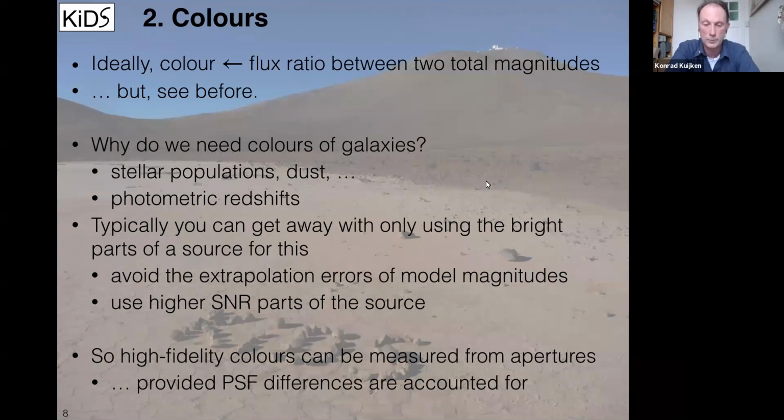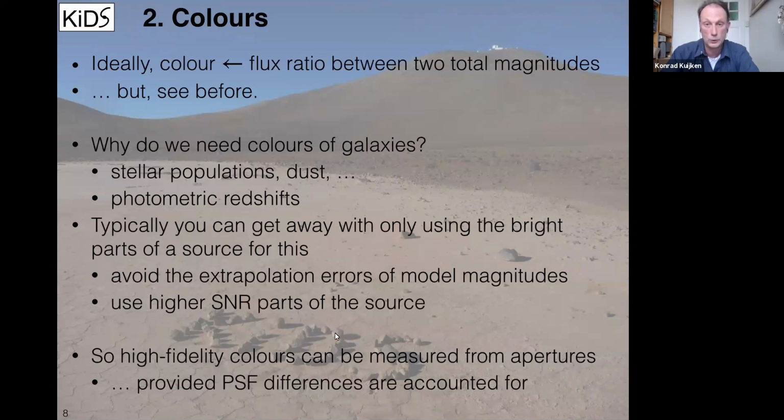So you can do this in a proper way that avoids any of the extrapolation errors that model magnitudes are plagued with. And it also allows you to stay in the higher signal to noise part of the source and get more accurate measurements. So philosophically, this means that we're trying to use some sort of aperture to measure the high fidelity colors from the central parts of galaxies.